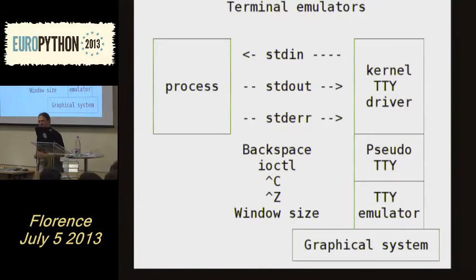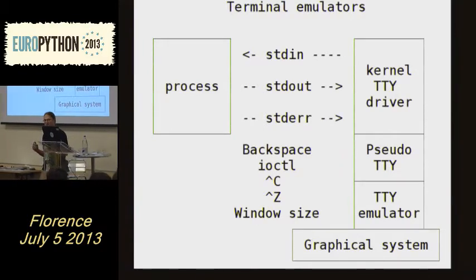There's also window size. Each terminal has 2 numbers attached, which is pretty much the resolution of the screen. So this screen is 41 by 17 for some reason characters, and the process can get that information, and whenever the screen size changes, a signal gets sent saying, hey, you should read those 2 numbers again.